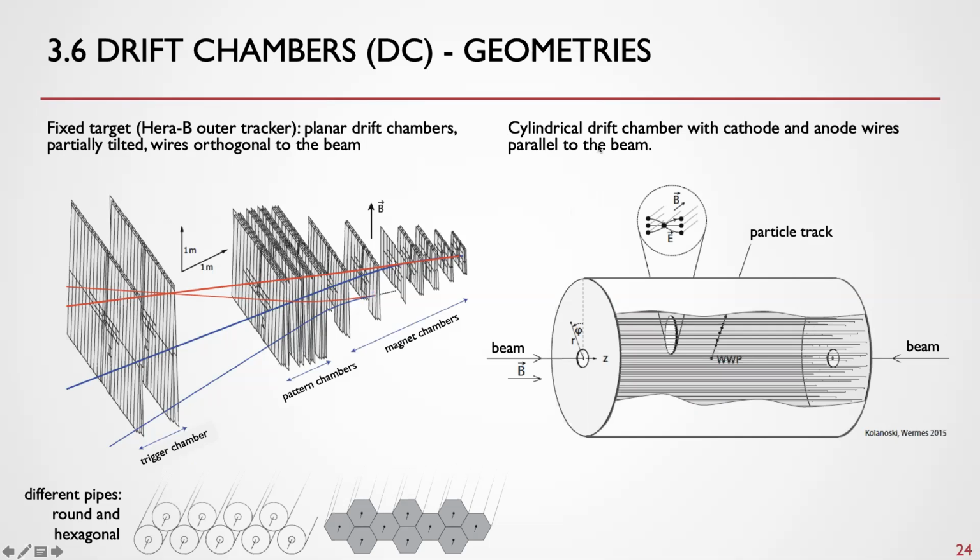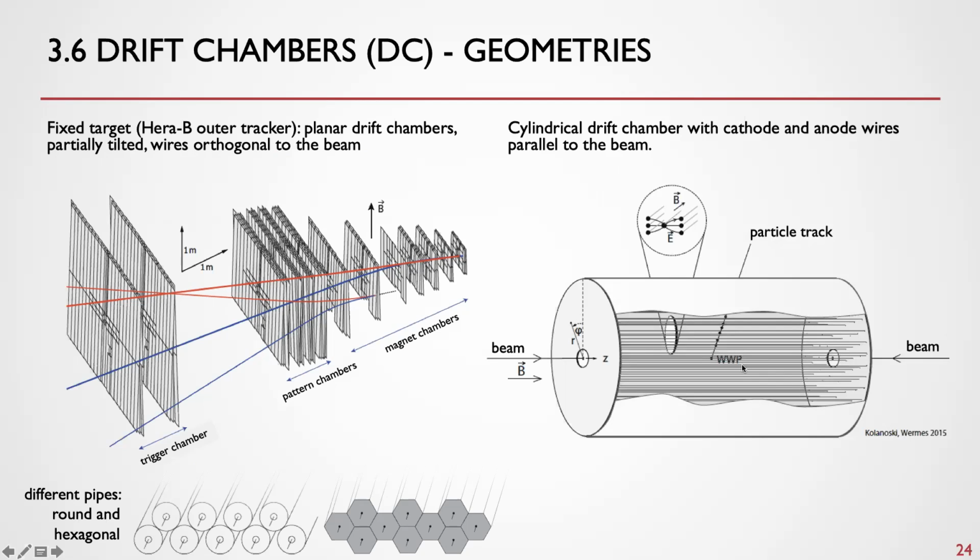One can also build, and these are large scale impressive detectors, cylindrical drift chambers with cathode and anode wires that are parallel to the beam. So here we have a large detector with anode and cathode wires running parallel to the beam.